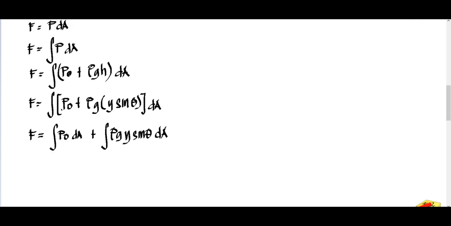Then we're going to take out what is called the constant here. So bringing out the constant from the integration, we have your atmospheric pressure times your differential area, then plus the density, gravity, then our sine of theta, then we have your y, differential area.